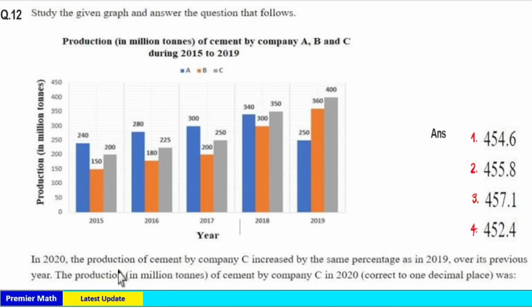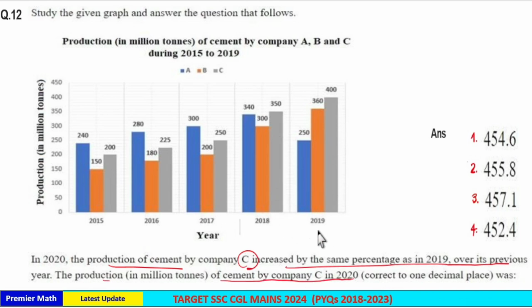In 2020, production of cement by company C increased by the same percentage as in 2019 over its previous year. The production of cement by company C in 2020 was. Here this grey color represents company C, and production increment of company C from 2019 to 2020 is same as production increment of company C from 2018 to 19.